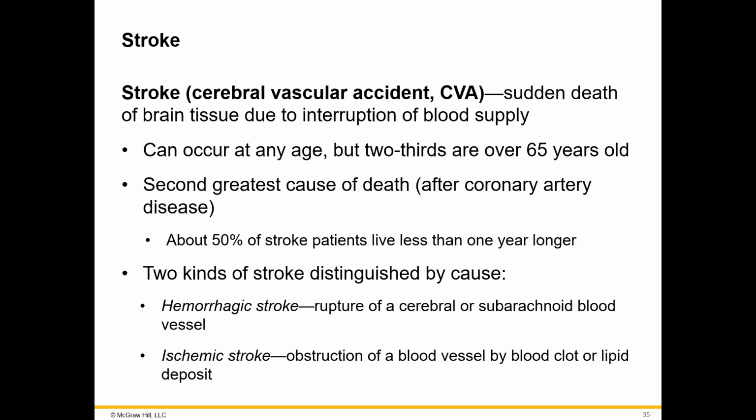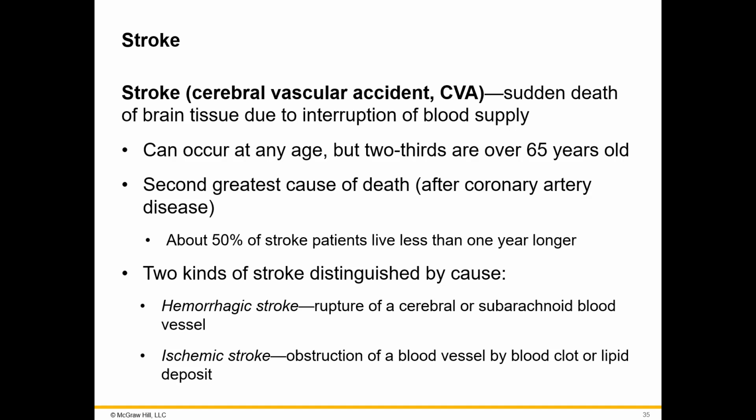It can occur at any age, but two-thirds are over 65 years old. So what are the differences between hemorrhagic and ischemic stroke? In the end of the day, if you want to know the difference between two things, you always have to agree on the similarities. So what are the similarities?